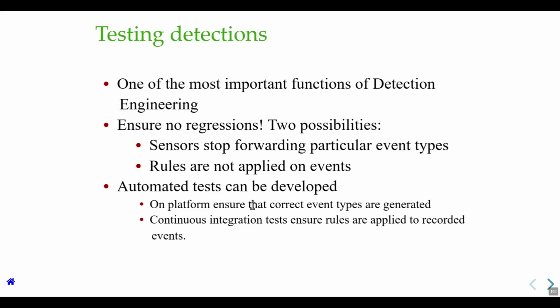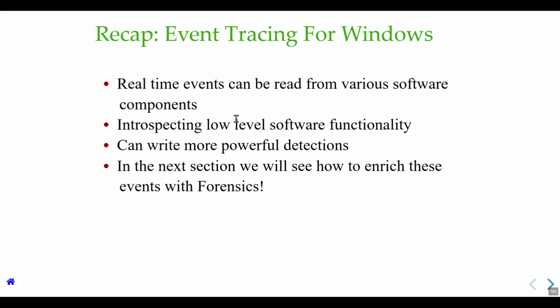Maybe we run this capture test set, and then make sure that we are actually getting these fields that we are supposed to be getting. You can run a program and then see whether you can see the program in the captured event set, and then make sure that the rules are applied to it. So this is just a word on testing and going back to this engineering approach.